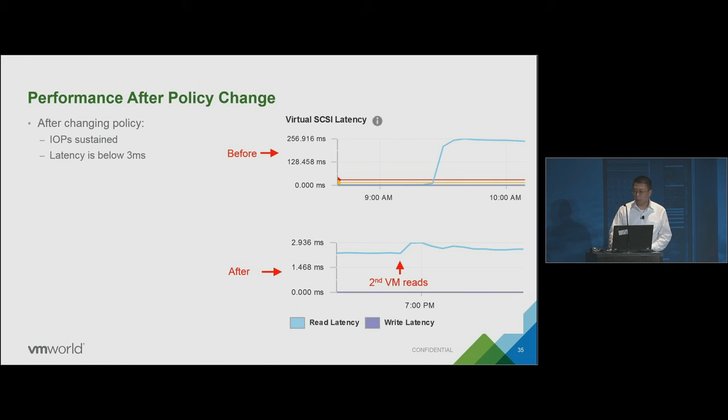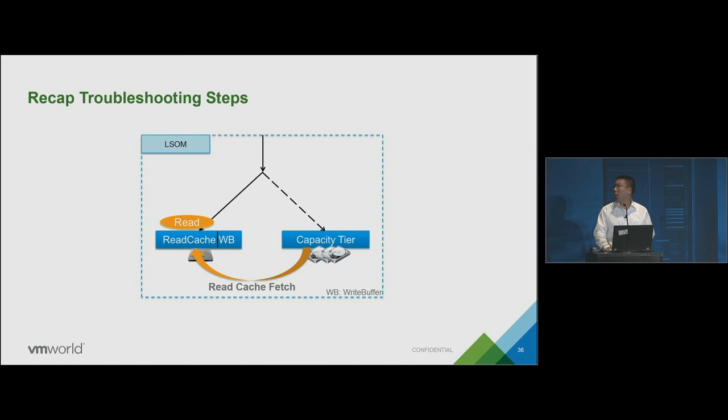Let's take a quick recap of the performance troubleshooting steps we take in this example. We first start from the virtual machine level, which is the top layer in the Virtual SAN architecture. Then we walk down the layers in the architecture. We find the issue is present in the DOM client layer and also in the component manager layer.